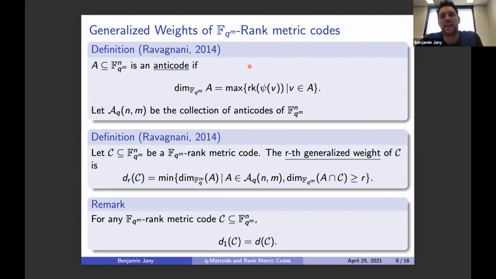I'm not sure if this is a min-max, I'm not sure what the max-min would be, but I know there's like 4 or 5 different ways to define those generalized weights. There might already be some kind of max-min, but just off the top of my head I don't really remember.